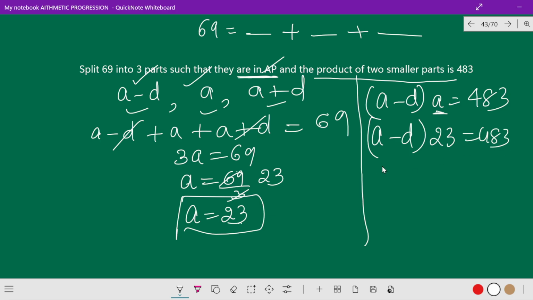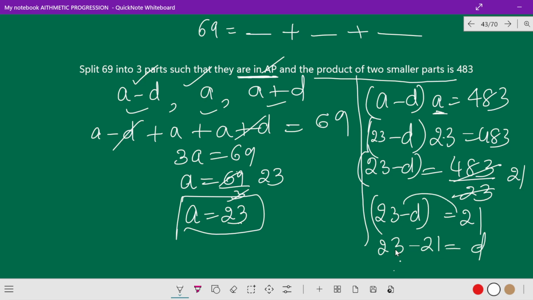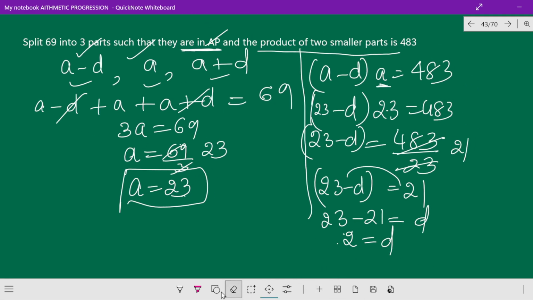So 23 minus D is equal to 483 by 23. 23 goes into 483 21 times. So 23 minus D is equal to 21. Shift the 21 this side. 23 minus 21 is equal to D. Therefore, 2 is equal to D. So you get the answer: D is equal to 2.